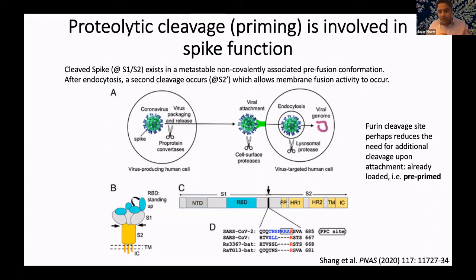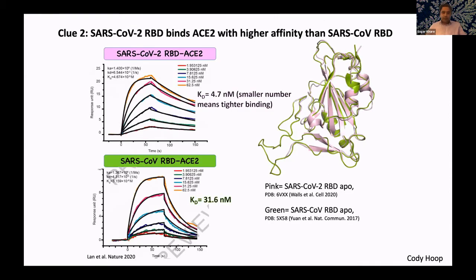You can think of this as winding up a spring, and having activated the virus in this way, it is now ready to be deployed and enter cells much more efficiently, because one of the key requirements for entry has already been performed even before it encounters the receptor. That could be another clue which tells us why this virus is that much more infective.